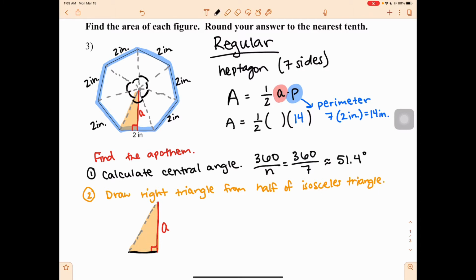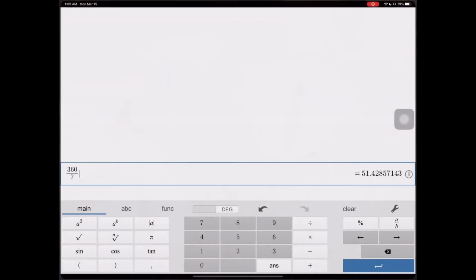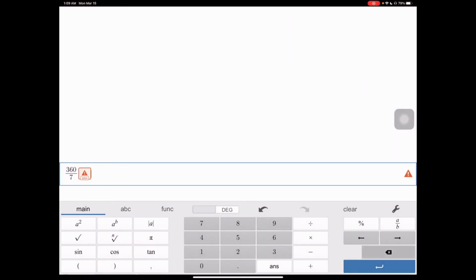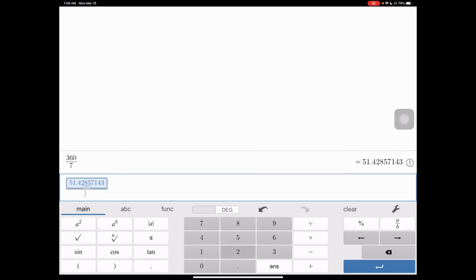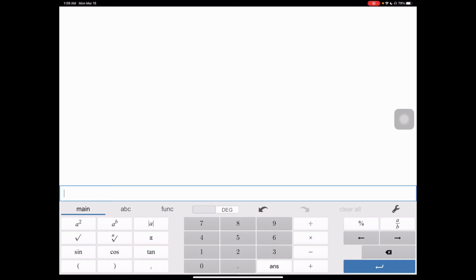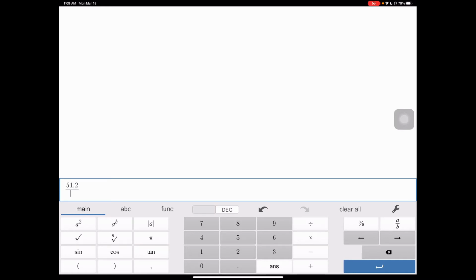Now, if I know that the entire central angle here is 51.4 degrees, what is half of that angle measurement? Well, 51.4 divided by 2, and that's because the entire central angle is 51.4 degrees, but I'm just taking half of that.